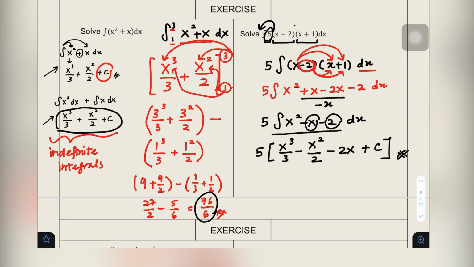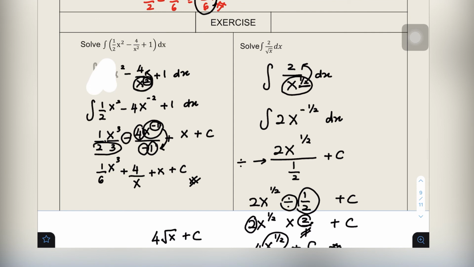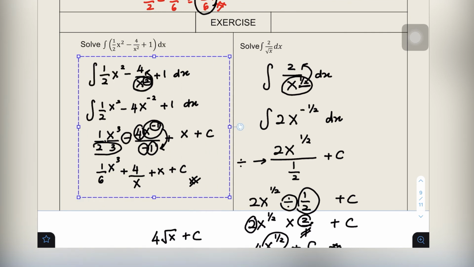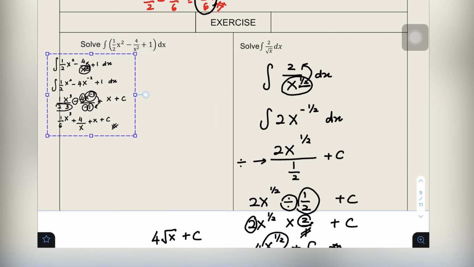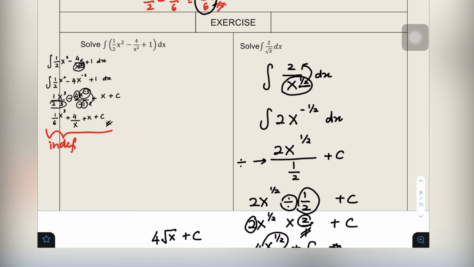Okay, so the same goes for this second one. Let's say we do this one. Let me put it aside. This one is called an indefinite integral because it doesn't have any limit.